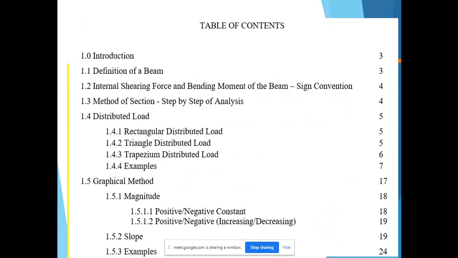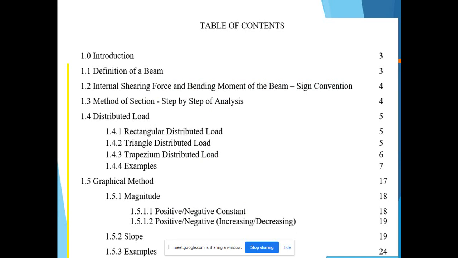So this is the presentation outline, the subchapters that we are going to learn today. I will start with the introduction, and then proceed with the definition of the beam, because we are going to analyze the beam.